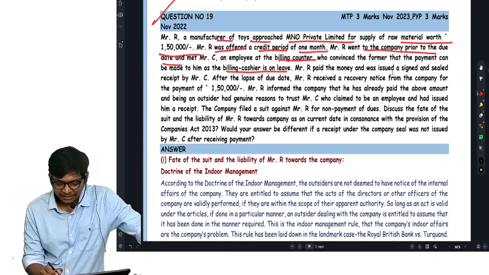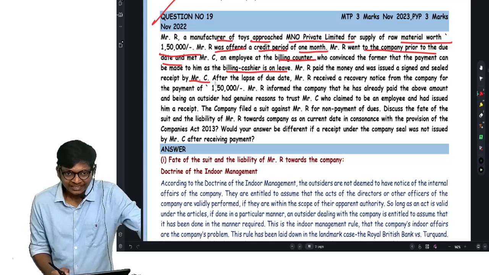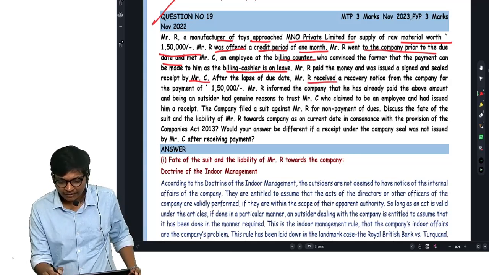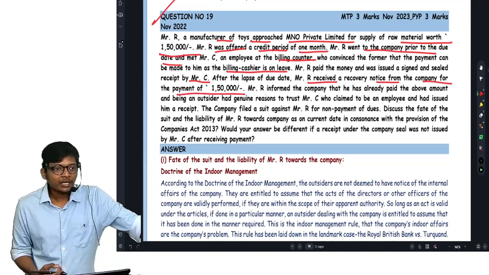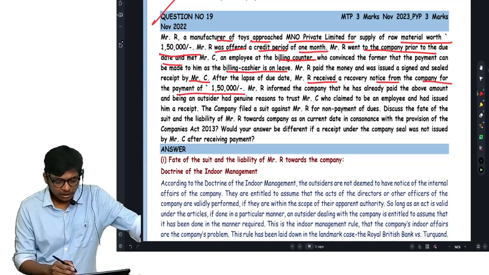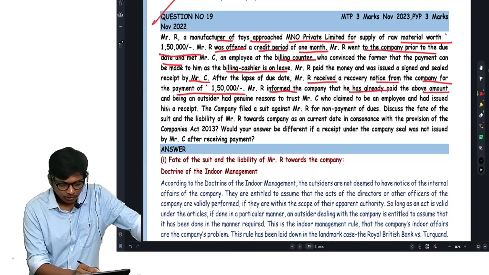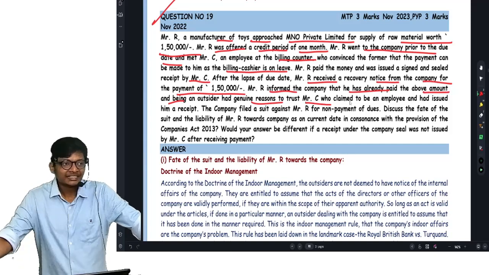R paid the money and was issued a signed and sealed receipt by Mr. C. After the lapse of due date, R received a recovery notice from the company for payment of 1,50,000. R informed the company that he has already paid the above amount. Being an outsider, he had genuine reasons to trust C.